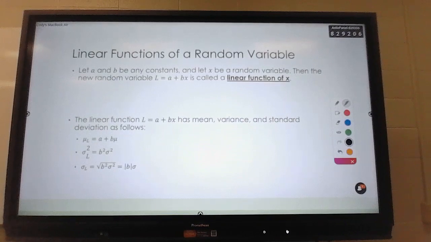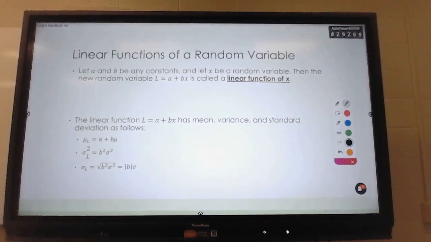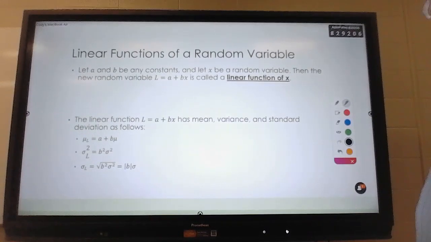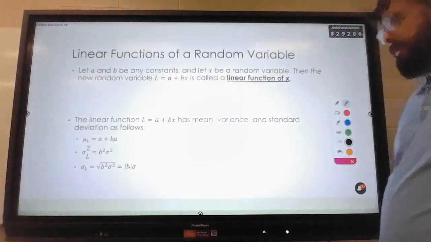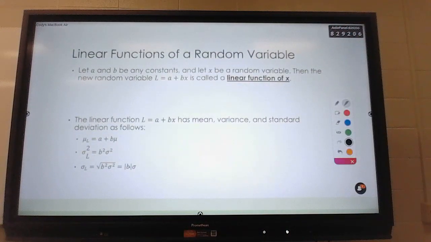But if you're given the variance and you're trying to calculate standard deviation, again, just like we talked about in the past, standard deviation is the square root of the variance. But we do have to keep in mind that we take the positive value of whatever the square root of b squared is. Because remember, if you're solving an equation by taking a square root, you have to consider the plus or minus.